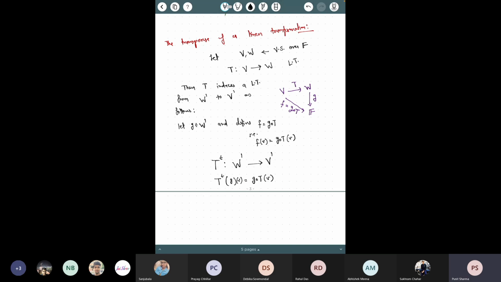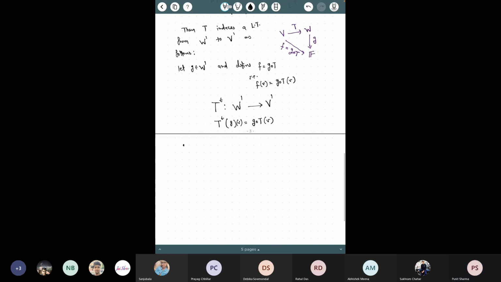Now this t superscript t is linear, because g and t both are linear, so their composition is again linear.